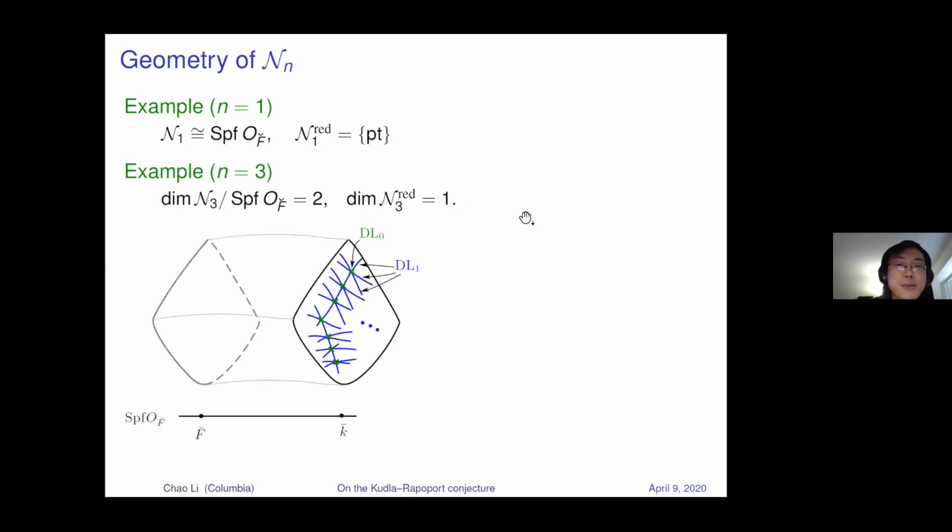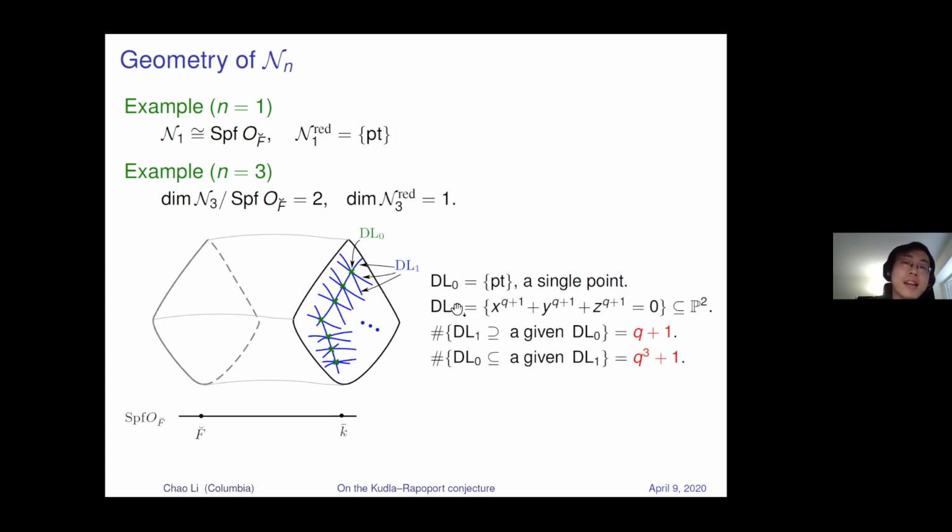Here's a geometric picture. On the generic fiber, I have a certain rigid surface of dimension 2. On the special fiber, I have a 1-dimensional locus given by the reduced subscheme. It's quite intricate combinatorially: a bunch of curves intersecting at points.